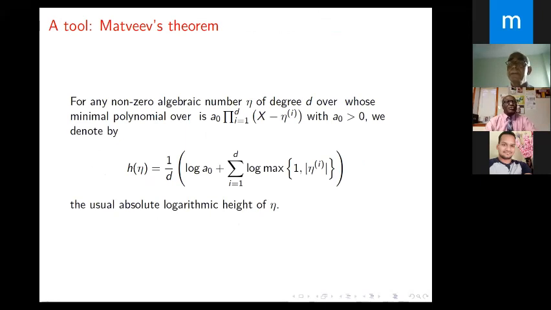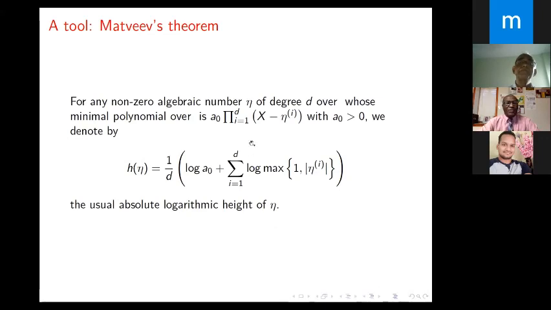Then we want to use another tool, in fact, we want to apply Baker's method. And first, we need to define what is called an absolute logarithmic height of an algebraic number. If we consider an algebraic number, this means that there is a polynomial whose root is alpha.